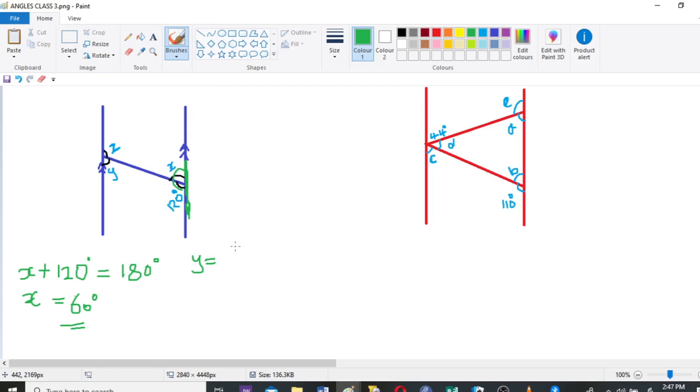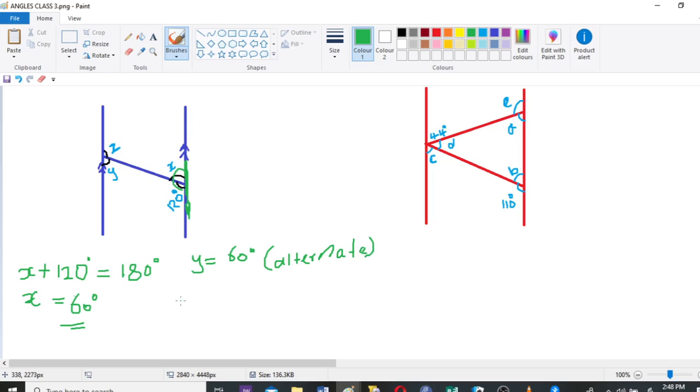So y is nothing but 60. They are alternate angles, interior alternate angles. That's the reason.